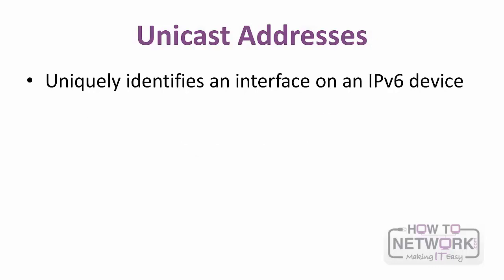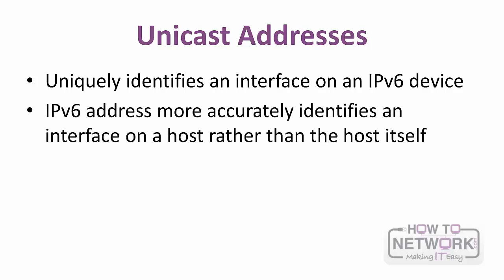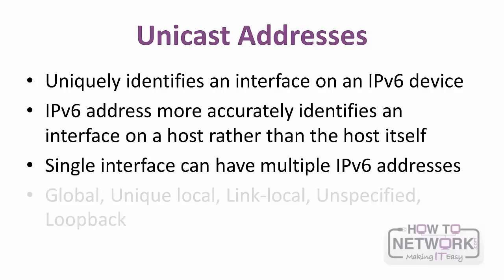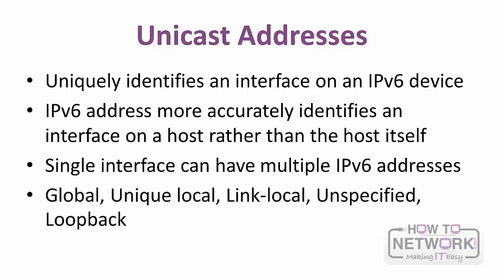A packet sent to a unicast address is delivered to the interface identified by that address. An IPv6 address more accurately identifies an interface on a host rather than the host itself. A single interface can have multiple IPv6 addresses, and an IPv4 address as well. There are several types of unicast addresses in IPv6: global, unique local, link local, unspecified, and loopback.